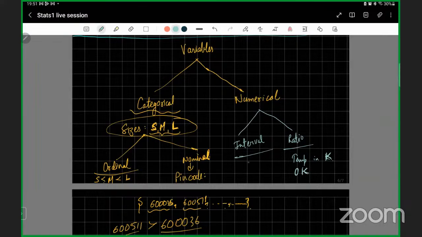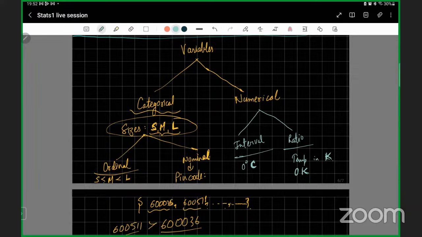But if I tell you 0 degrees Celsius, still this does not mean that there is no temperature, right? It still has some entity of temperature there. That is the difference. When we talk about 0 Kelvin, we are saying there is no temperature.